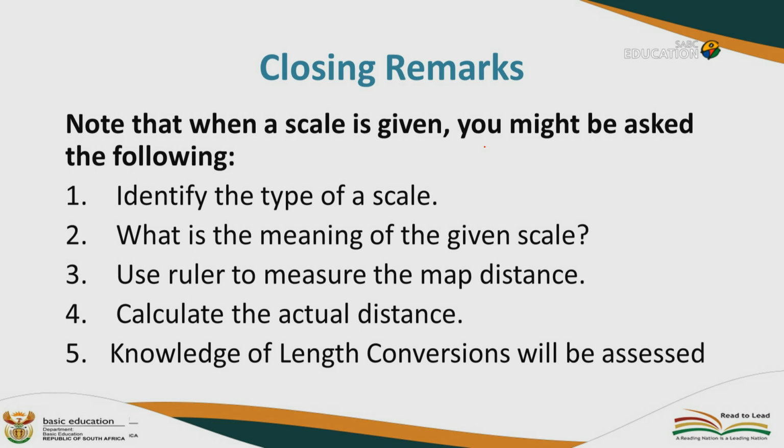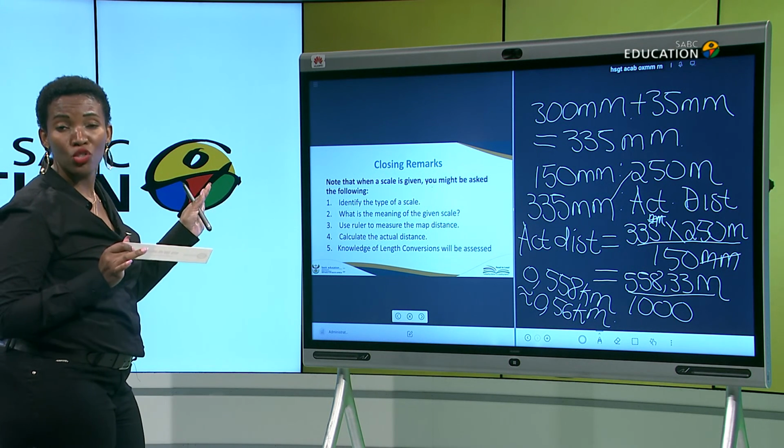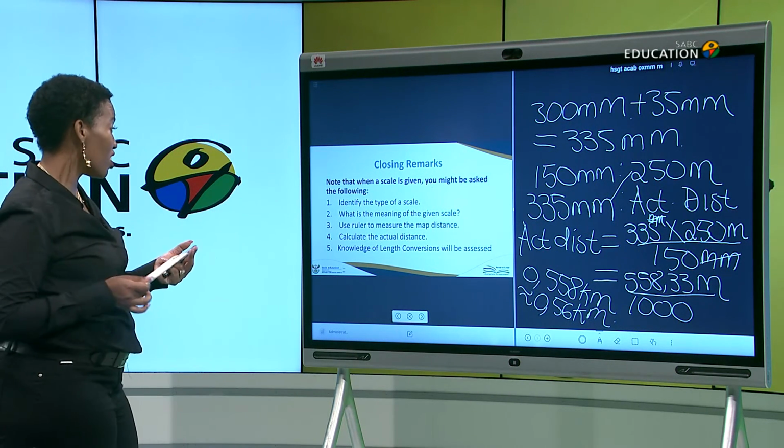Secondly, you will be asked to explain the meaning of the scale. Remember, the way that you explain a number scale is not the same way that you would explain a bar scale. Thirdly, the usage of a ruler. For this section, you need to have your ruler in the exam room all the time. Otherwise, you are going to struggle when it comes to answering this section.